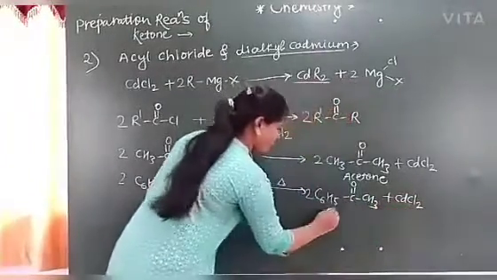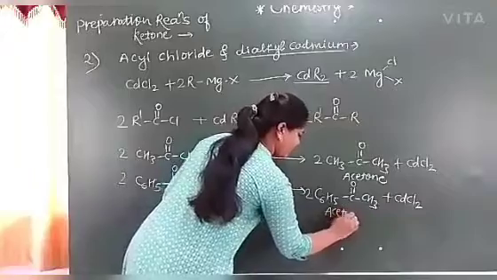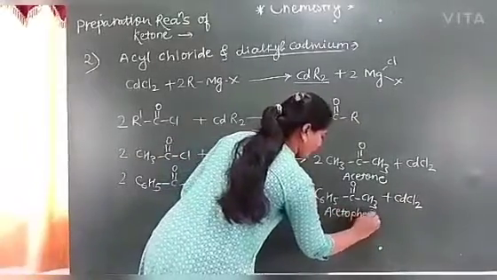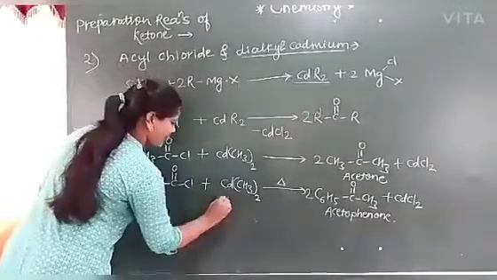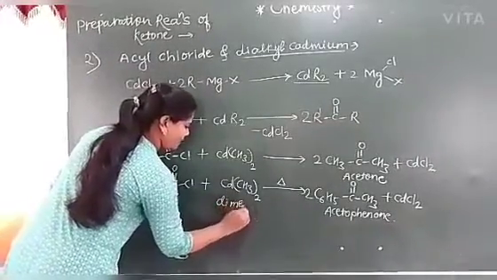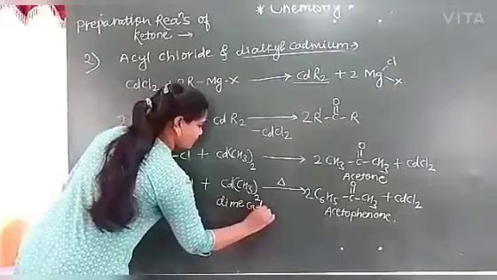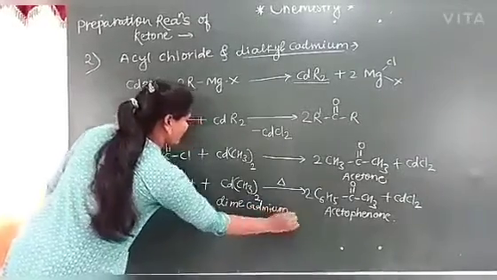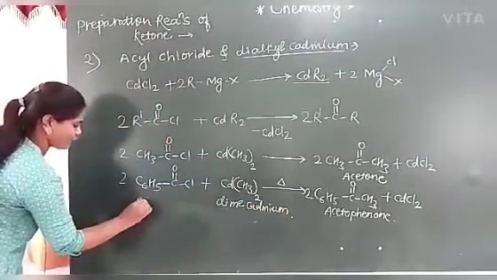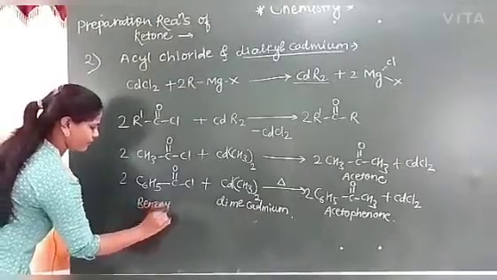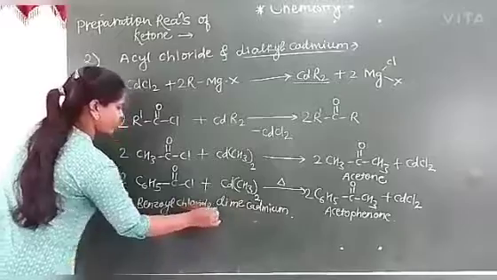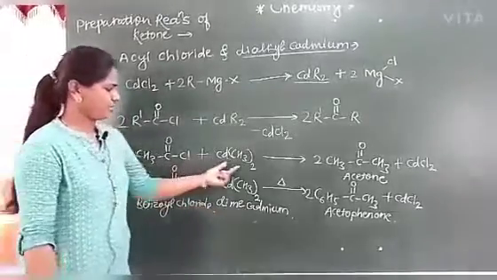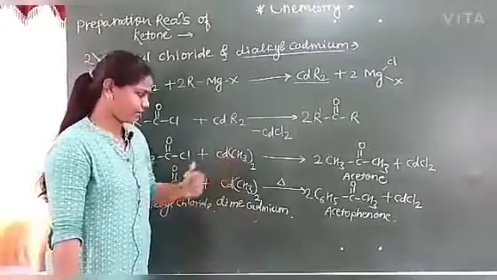When you are writing in your notebook, mention here names of product and reactant. This is acetophenone, this is dimethyl cadmium, and this one is the benzoyl chloride. Here it is acetyl chloride, here the same name, dimethyl cadmium.